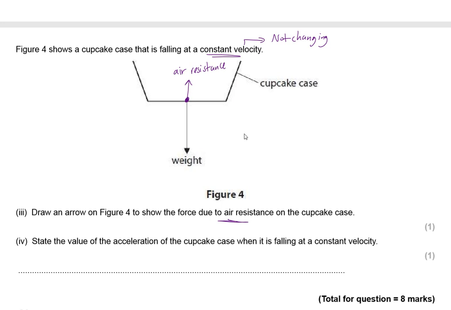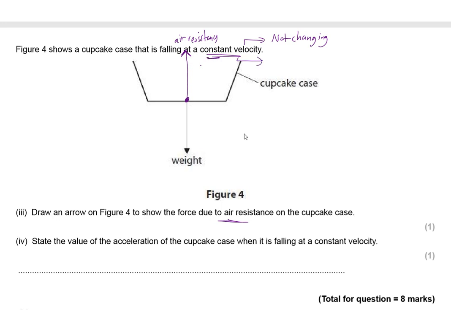Oh, wait a minute. It is constant velocity, so the forces need to be balanced out, isn't it? So it needs to be roughly the same length, because it is a constant velocity.